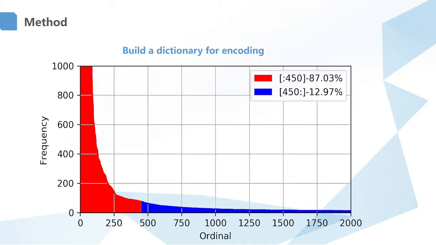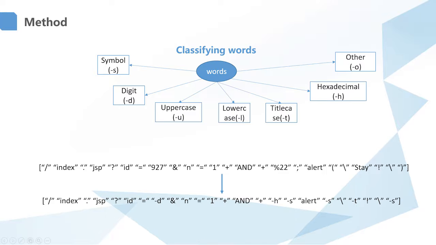What about the words that are not added to the dictionary? We divide them into 7 categories that cannot be directly included in the dictionary, as shown in the graph, so that each category can be added to the dictionary as a word.